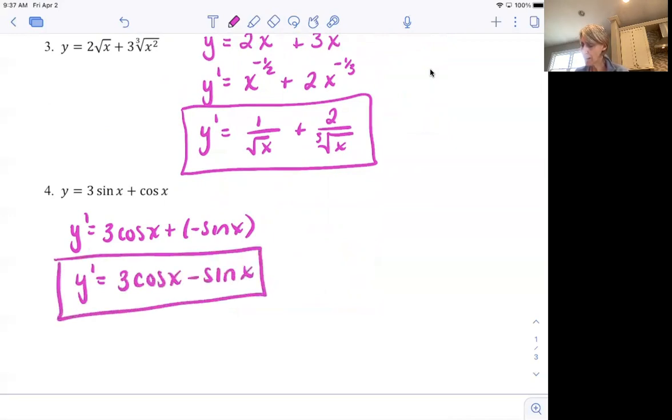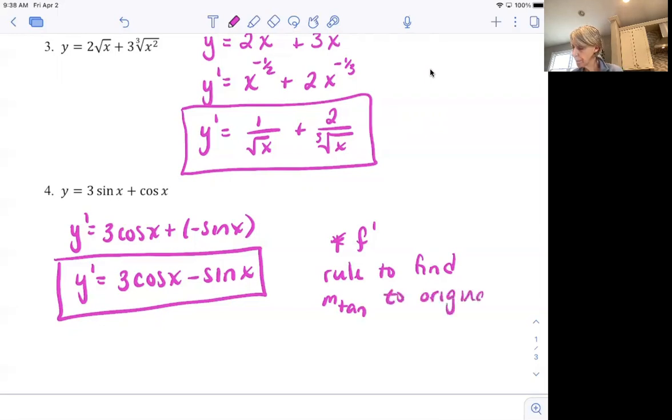And remember, every time we find the derivative, it's a rule to find the slope of the tangent line to the original function at any given x value. That's what this rule represents.